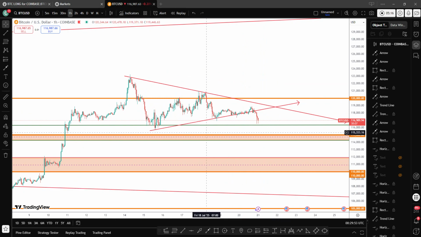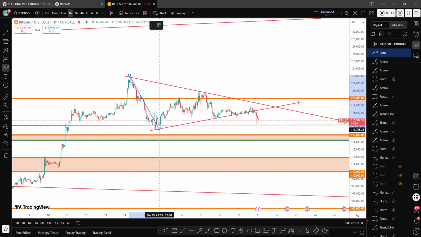So that means impulse, retracement. So we have something like this: impulse, retracement, then we're having our impulse leg here.